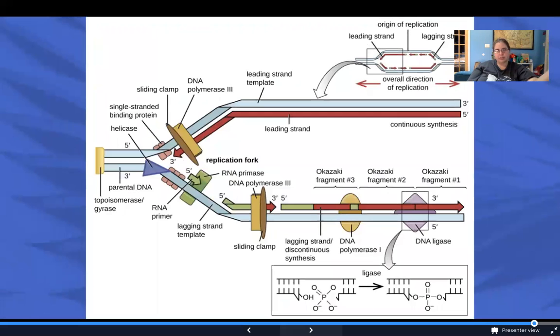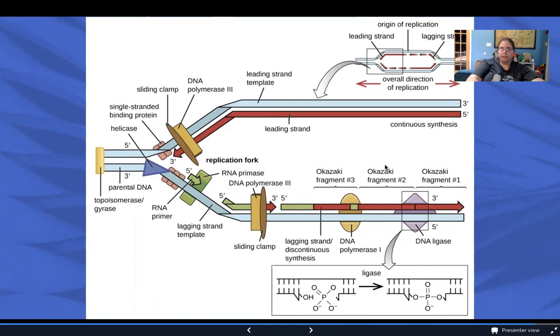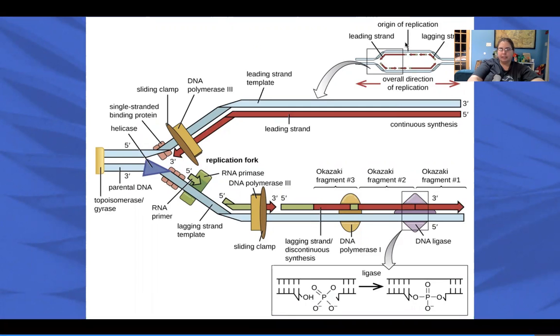Now we're going to finish up with just this overall picture. This is looking at, here was the origin of replication. We're only looking at this half. So we have 3' here, 5' on that end for the parent strand, which means that the 3' of the parent end is the 5' of the new end.